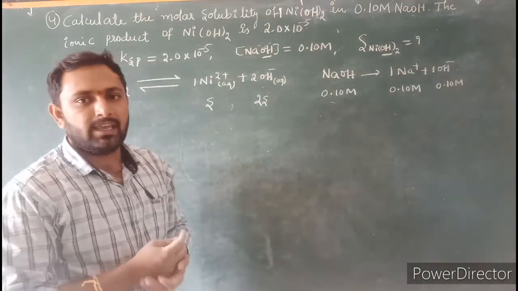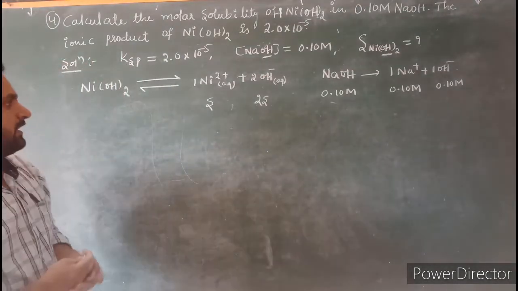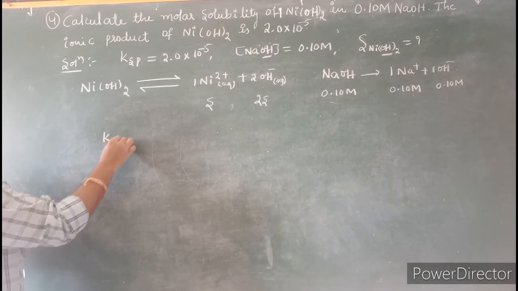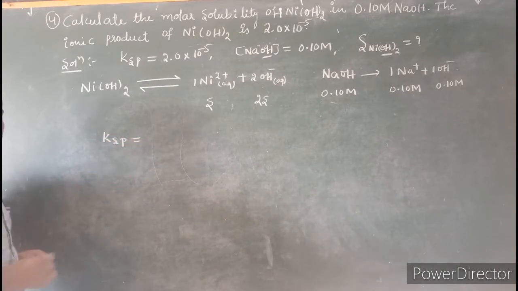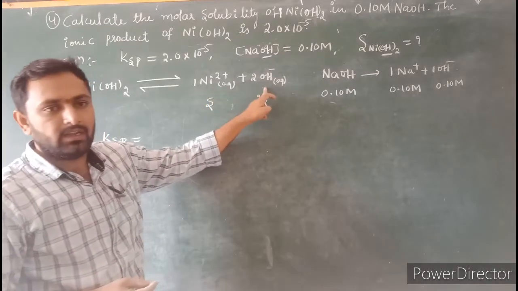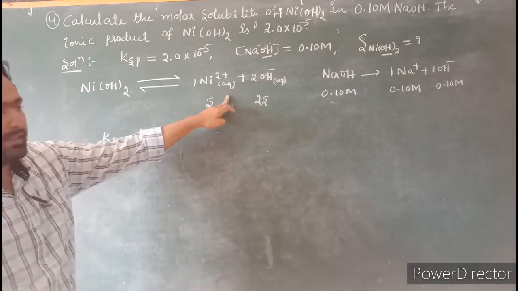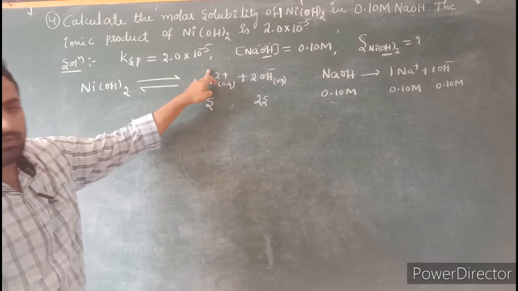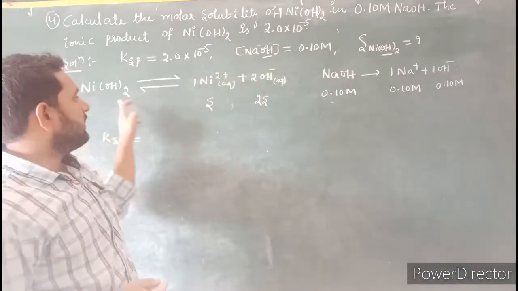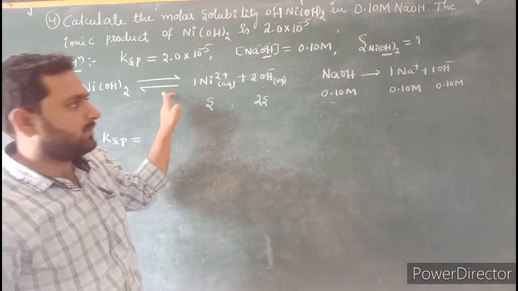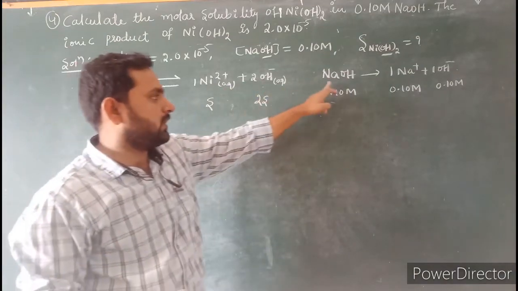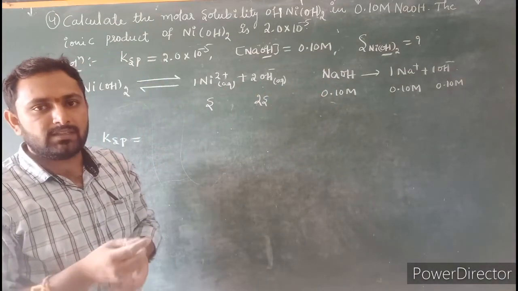Now let us write the Ksp mathematical expression for dissociation of nickel hydroxide. Ksp is equal to the product of molar concentrations of ions present in the saturated solution. In the saturated solution, there are Ni2+ ions and OH- ions. Here OH- ions are from nickel hydroxide and OH- ions from sodium hydroxide, because both the weak electrolyte and strong electrolyte have OH- ions.